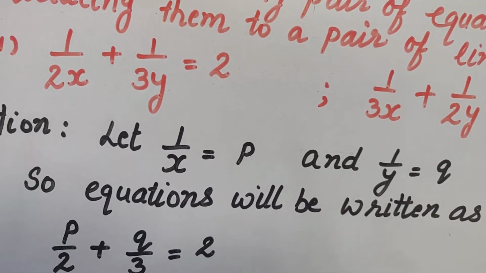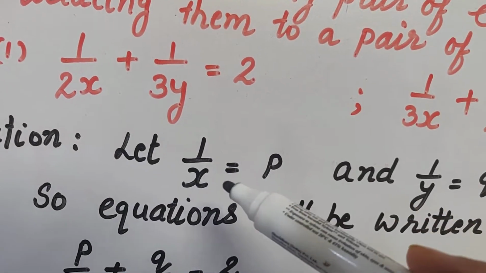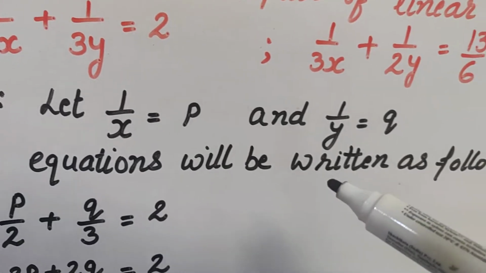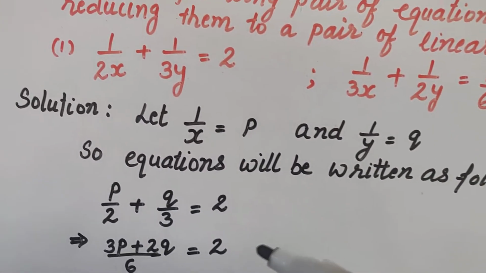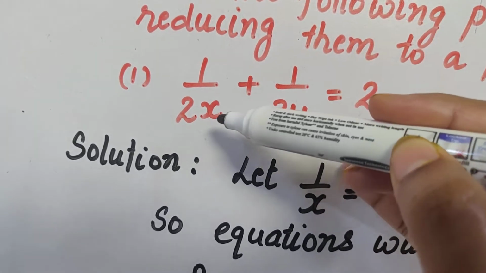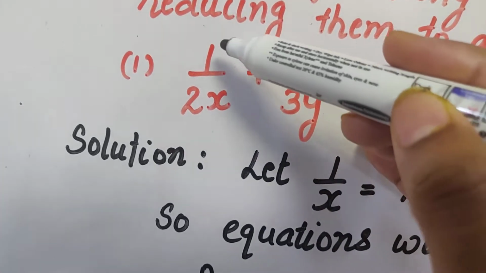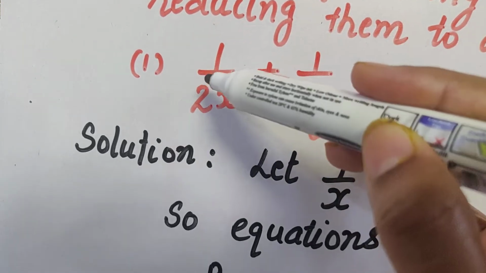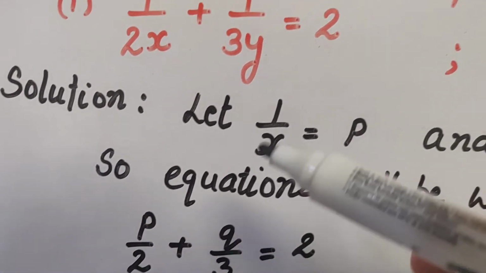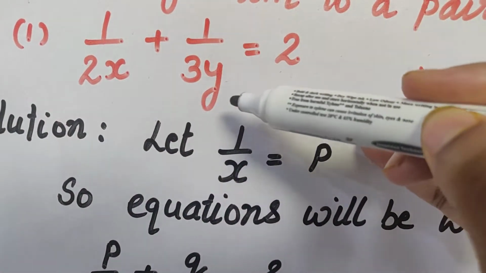Now, if I take 1 upon x as p and 1 upon y as q, the equations will be written as follows. Look at the first equation here. The 1 upon x has been taken as p. So, this will become p upon 2. Similarly, 1 upon y is q.